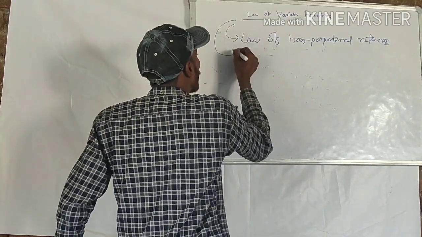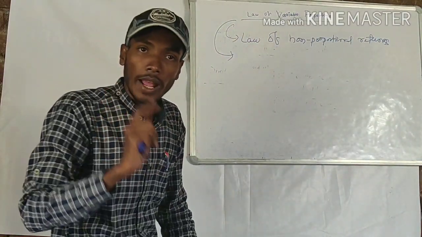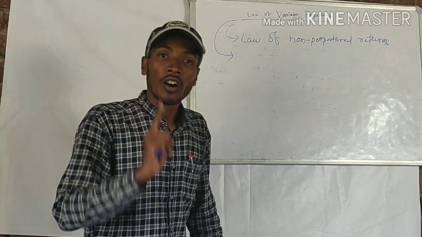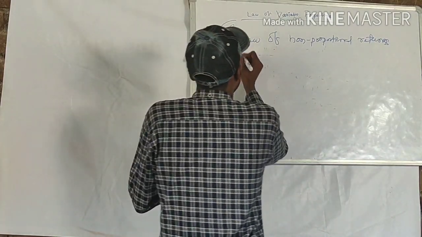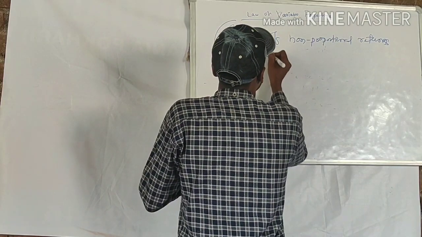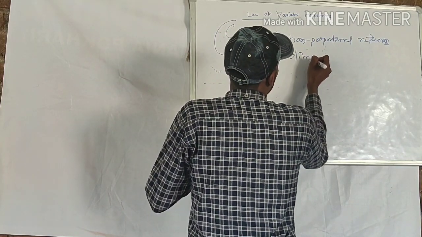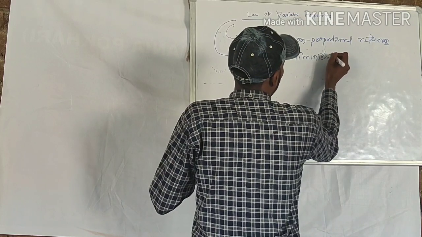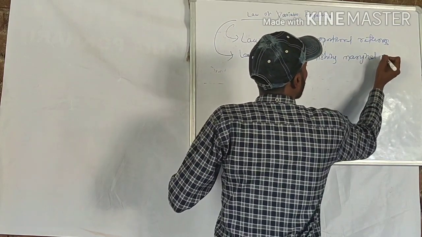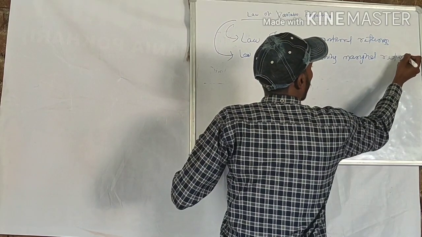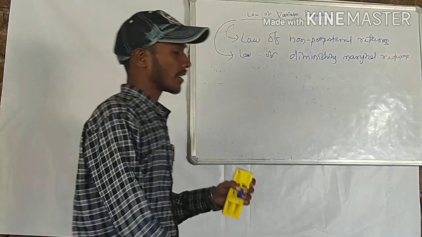And this law is also otherwise known as the law of diminishing marginal returns. Try to understand this, guys.